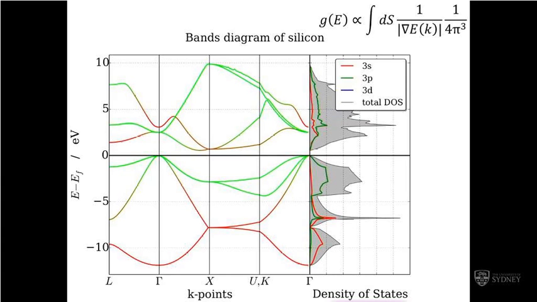So let's take a look here. The gradient along here is low. It's small, rise over run. It's kind of flat. So the density of states should be large, and that's why we get this big peak here. Conversely, the gradient is quite high for this part, and the density of states is low in that area.